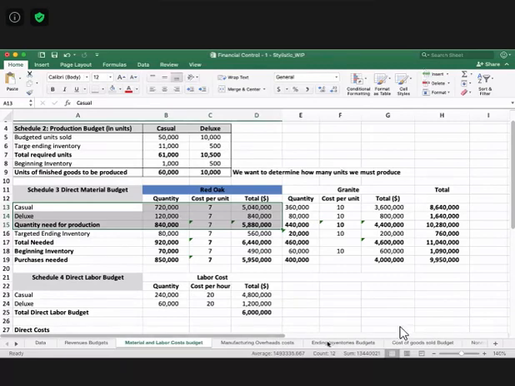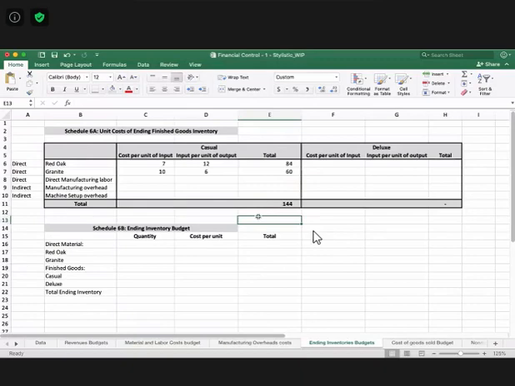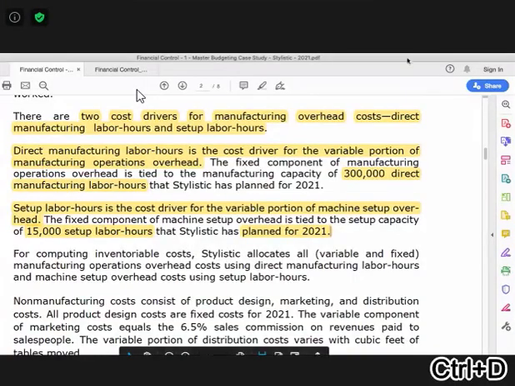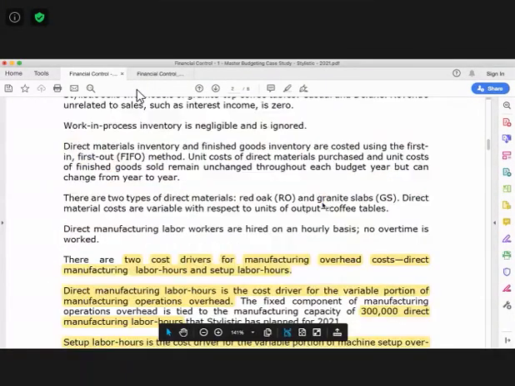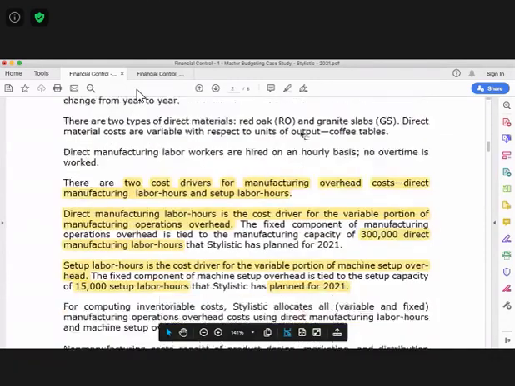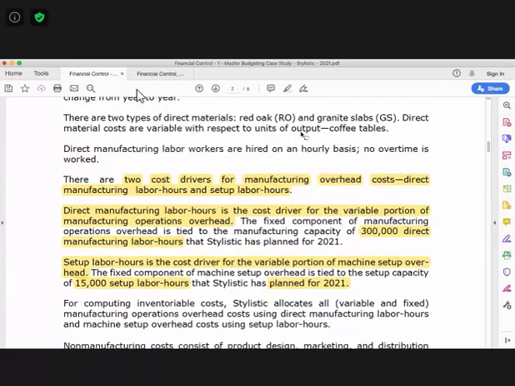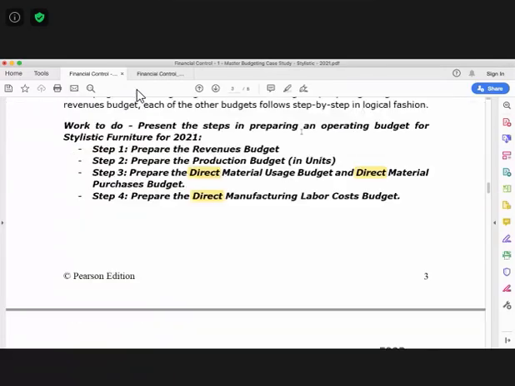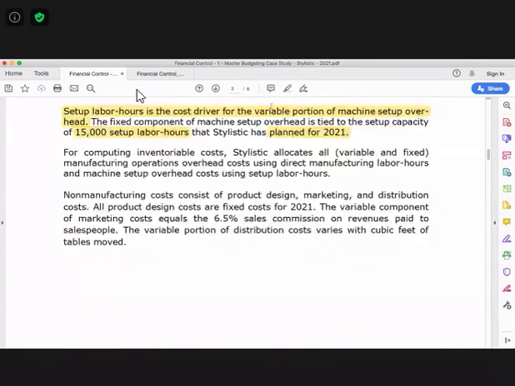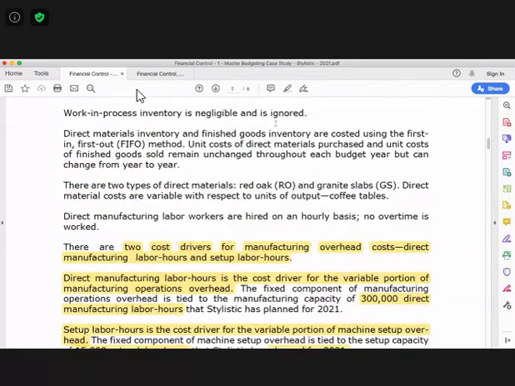I know how to explain it at least. Because we say that in the data we use first in first out method. Where is it? Here we use first in first out method. Okay.